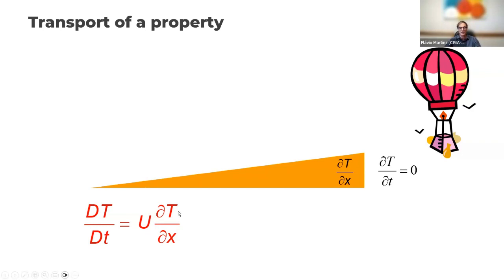You can also see in terms of units that this is correct, because this is degrees divided by meters, and here you have meters divided by seconds, so you get degrees per second. And here you also have degrees per second, okay? So this is a change in the temperature measured by the person inside the balloon, which is not due to a change in time in the environment, but is due to a change in space in the environment and the movement of the observer. You see?